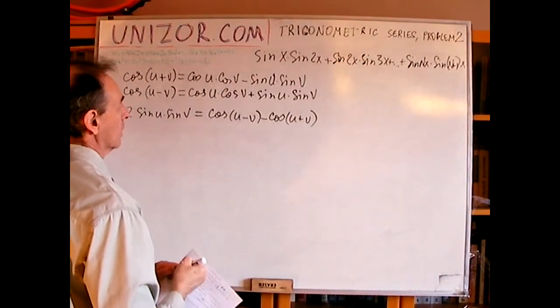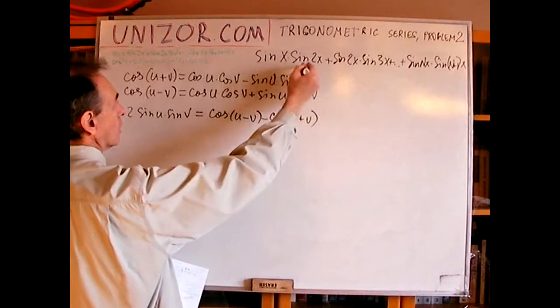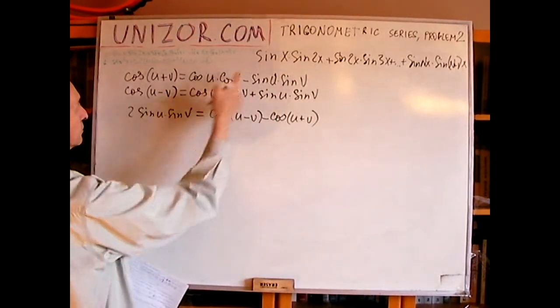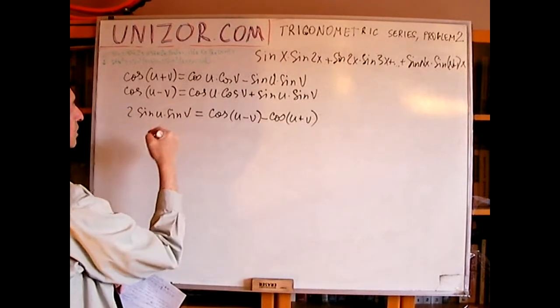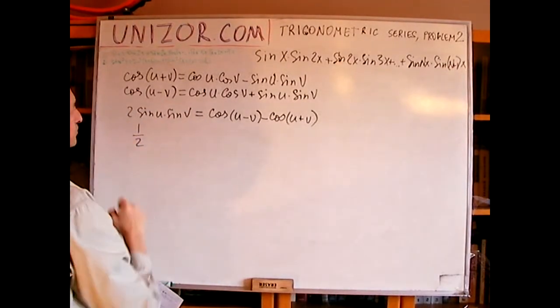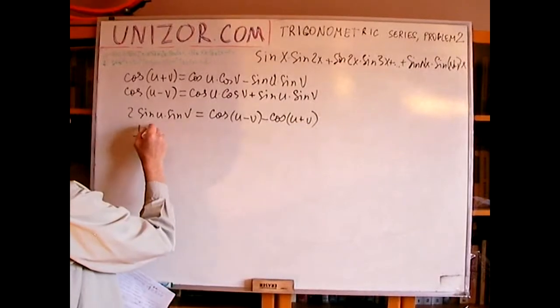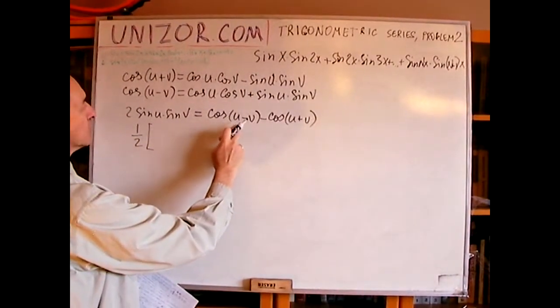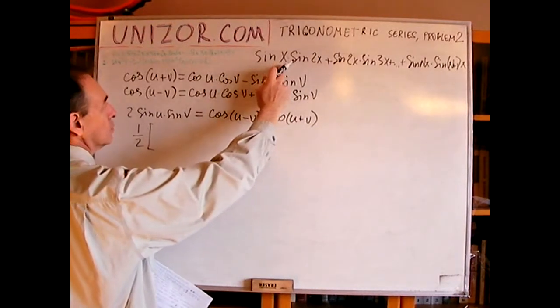All right, so x is u, 2x is v, right? So first of all, this is 2, so I have to divide by 2. So it will be 1/2, and let's open the square bracket. Now, cosine of u minus v.